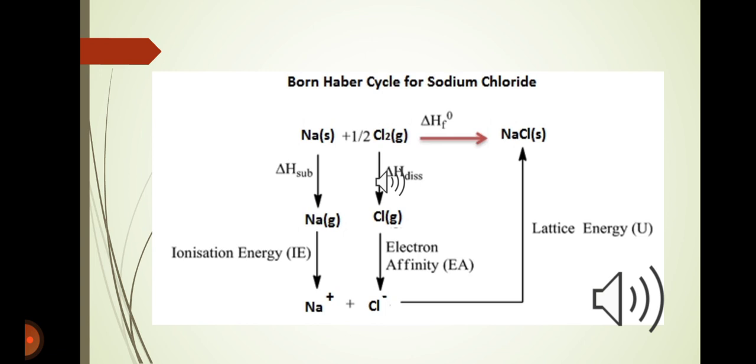Then the chlorine molecule in gaseous state dissociates into chlorine atoms, which is the delta H of dissociation. Then the chlorine atom in gaseous state is converted into chloride ion, and the energy involved is called the electron affinity. And the sodium cation and the chloride anion combine together to form NaCl, and the energy is called the lattice energy.